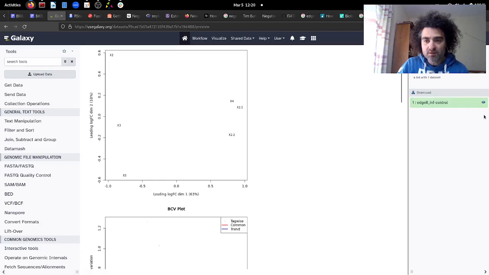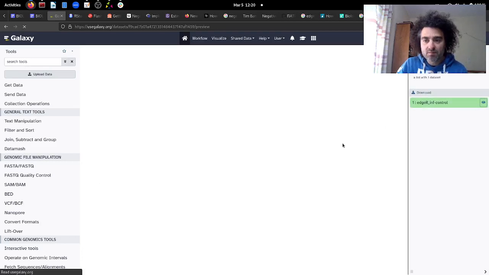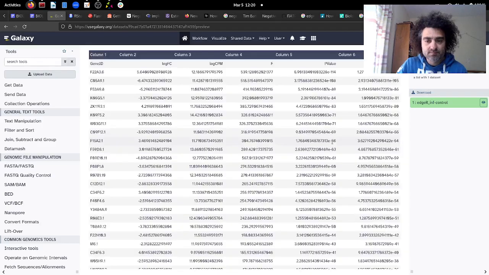So I go here to the table, I click here, and what we observe is the following table. Here everything is ordered according to the p-value. Genes that are more differentially expressed are first, and then we have genes that are not so much differentially expressed.